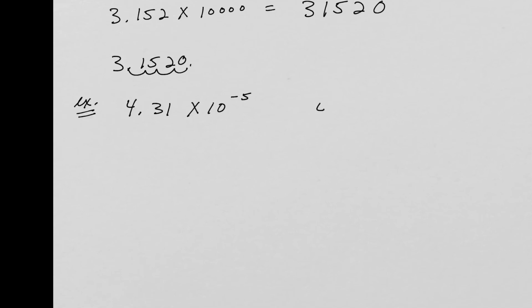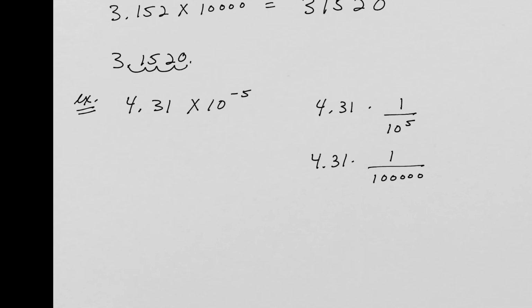Really, this means 4.31 times, and then this would be 1 over 10 to the 5th, which is the same as 1 over 1 with 5 zeros, right? So 100,000. And that's equivalent to moving the decimal point 5 places to the left.